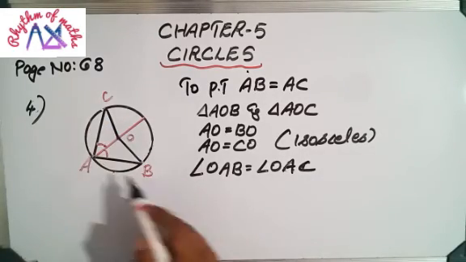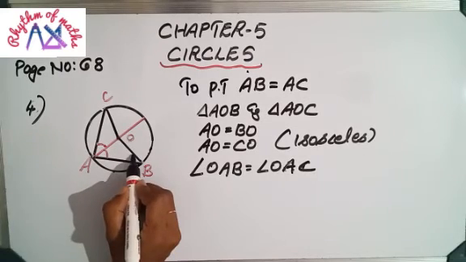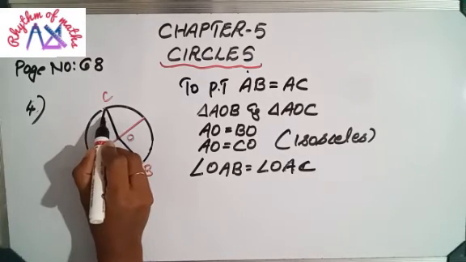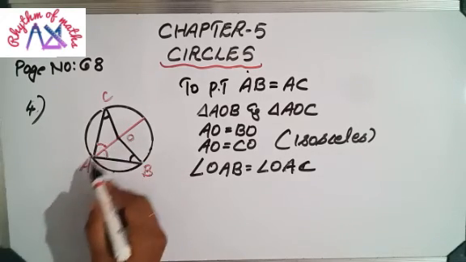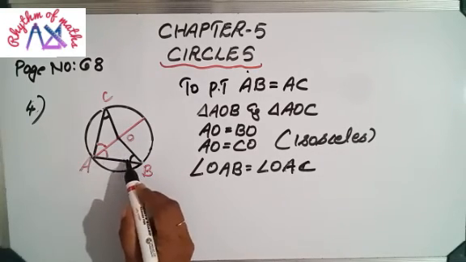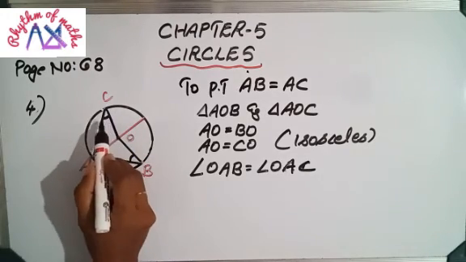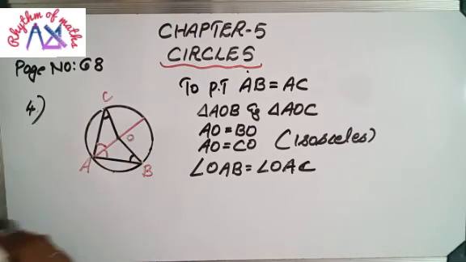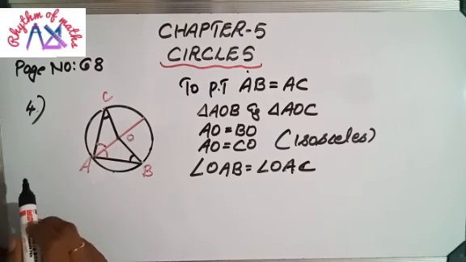So these two angles are equal. As it is an isosceles triangle, the other two angles will also be equal. OB and OA equal means the opposite angles are equal. OA and OC equal means the opposite angles C and A will be equal.